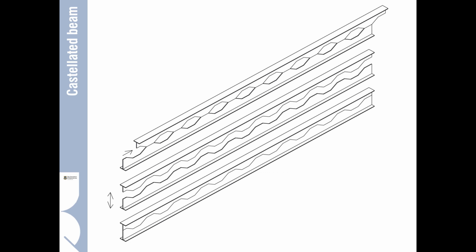The common term for this is a castellated beam, and by cutting a series of zigzag hexagon shapes through the middle of the beam, we can split a beam in half and then offset it and re-weld it back together to give us additional depth to the beam, which also has the added benefit of creating a series of service holes through the middle part of the beam where there's very little load transferring through that.